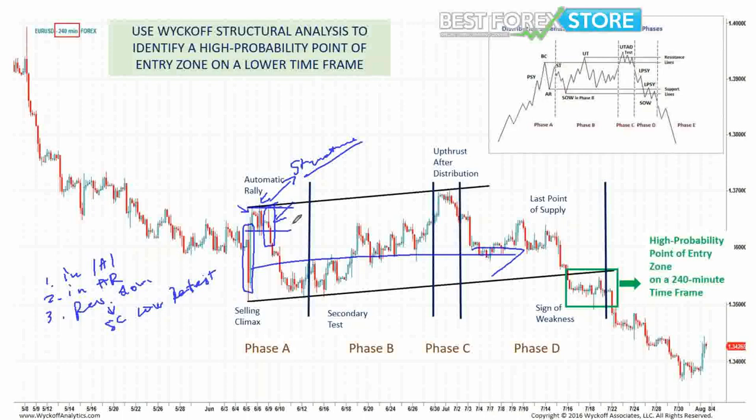Now, as we are entering this, we are still thinking long-term structure, climactic action, automatic rally. We need to experience a secondary test, which is going to be a test of the previous climactic action. And now our target is going to be this close and this low, so we can use it like that. So this is where we would expect the price to come.